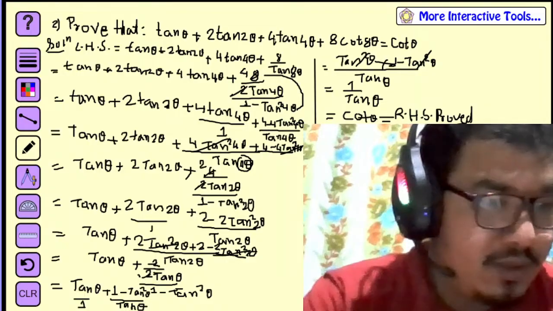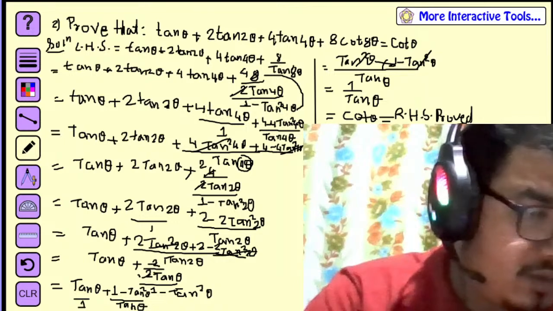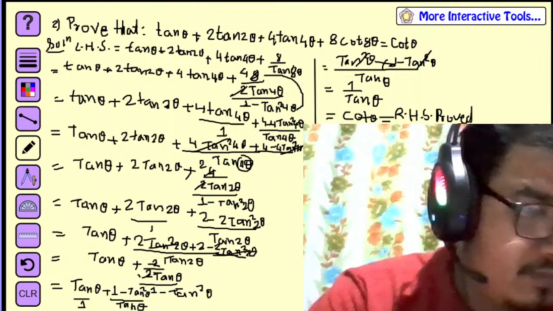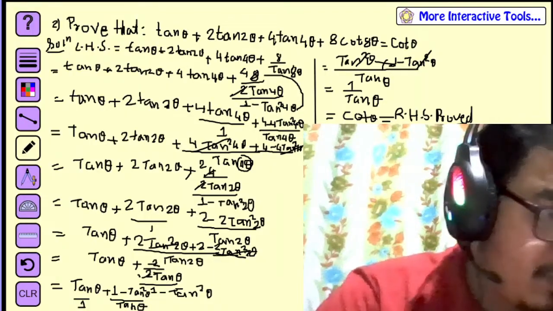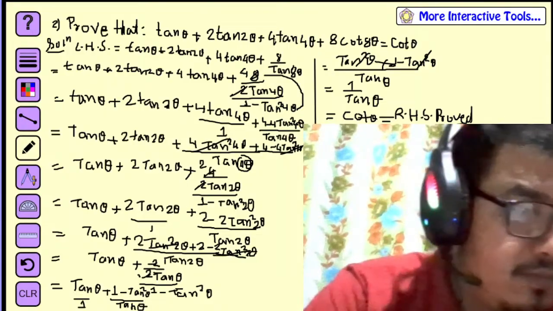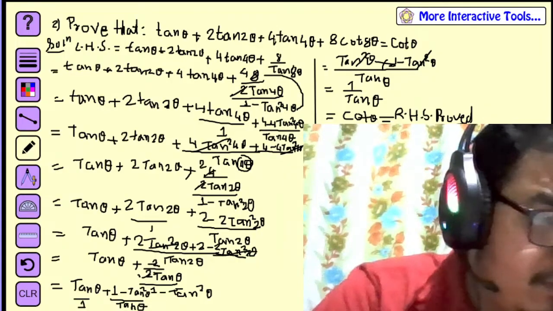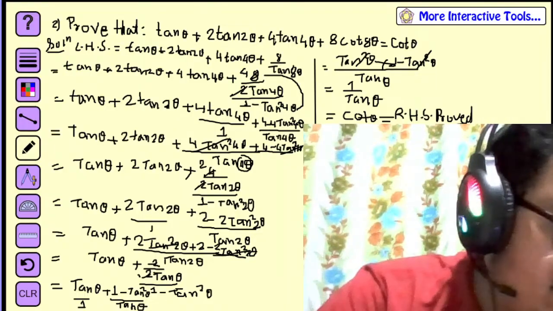Most important, from the coordinate geometry.